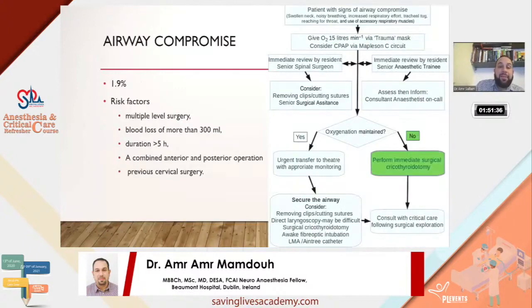You have to have a stepwise plan for airway compromise, how to perform it, and at which level you have to re-intubate and transfer the patient either to the operating theater or even for a tracheostomy.